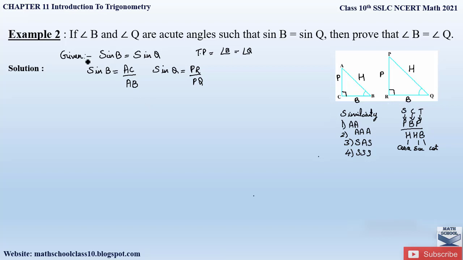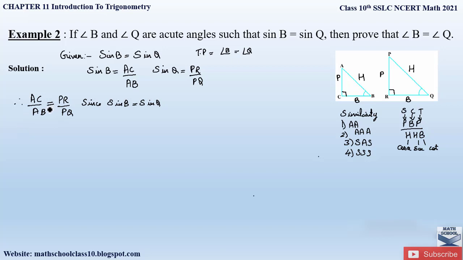Now here, since they have given us sine B is equal to sine Q, we can equate these two ratios. Therefore AC by AB is equal to PR by PQ, since sine B is equal to sine Q. Now since these two ratios are equal, we can interchange the numerator and denominator of both sides, so that we can make sure that the corresponding sides of the two triangles will become equal.